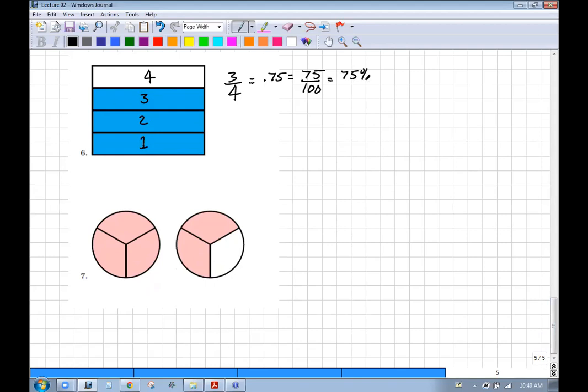If you don't know this, 3/4, all we have to do is rewrite this fraction where there's 100 on the bottom. So what I could do is multiply this by 25 over 25 to make 100 on the bottom. See, 3 times 25 is 75, and then I have 100. So this is a 75, and this right here is percent.